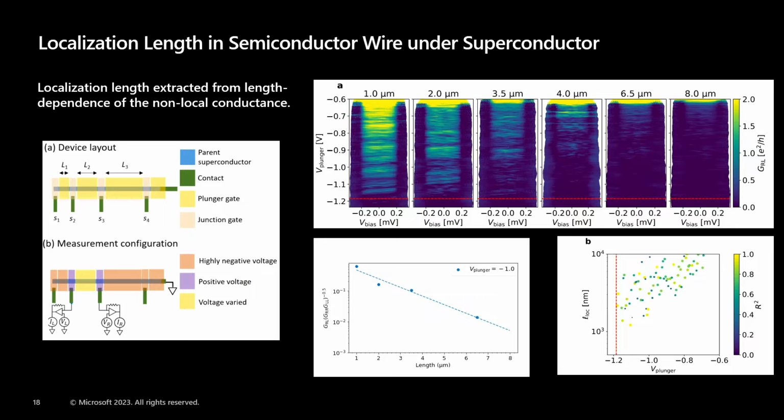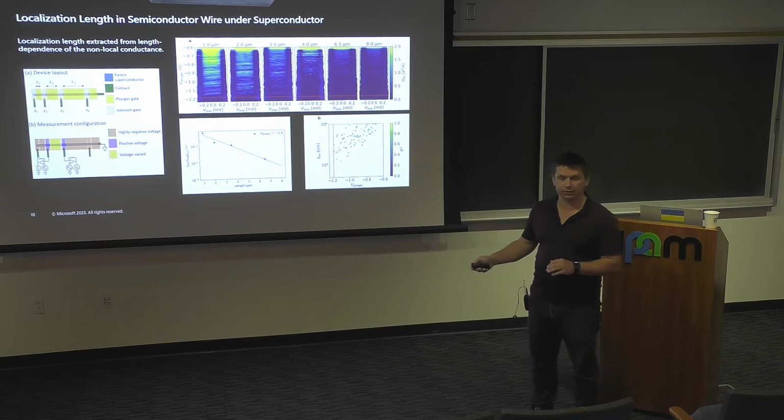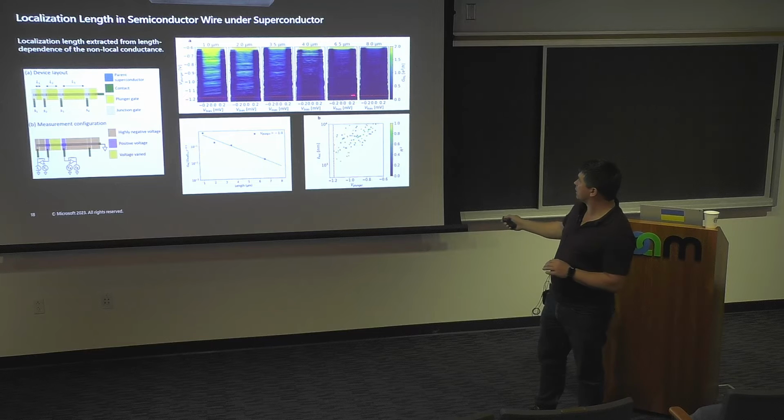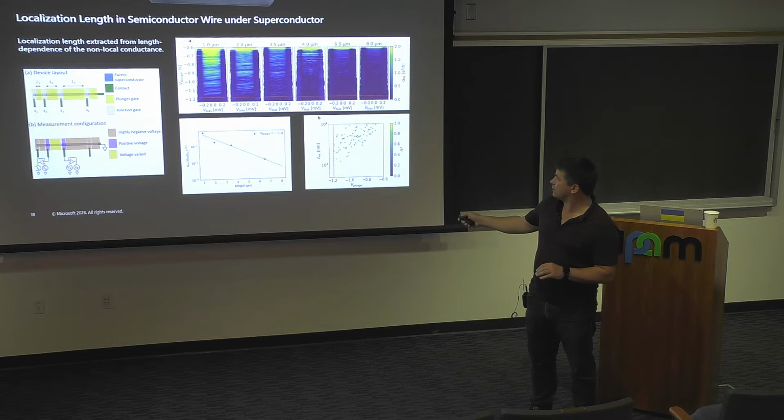Then as we increase and go up to 8 microns, the signal disappears, and particularly it disappears more strongly at lower plunger voltages. Lower plunger voltage means you are close to the depletion point, and this red line is where we deplete the wire completely electrostatically. So the region in which we operate is roughly in the single subband, roughly here.